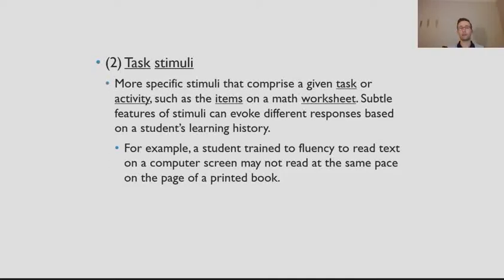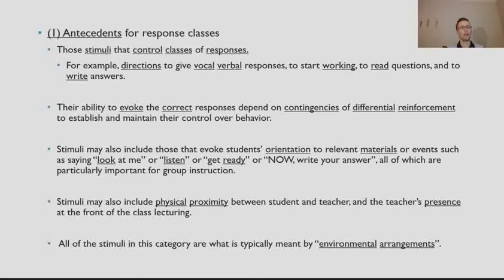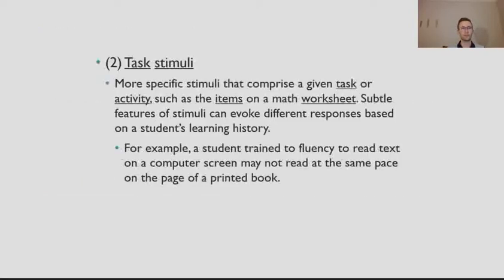Task stimuli. These are more specifically stimuli that comprise a given task or activity. So if you want, you could look at task stimuli as a subset of antecedents for response classes. The specific subset is that these comprise a given task or activity, such as items on a math worksheet.